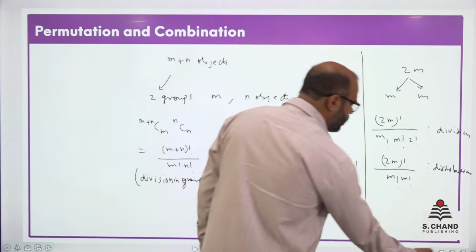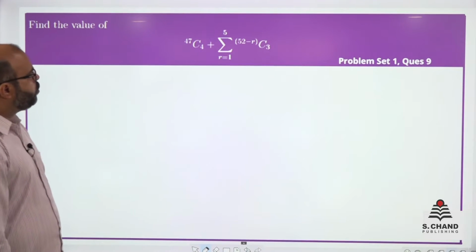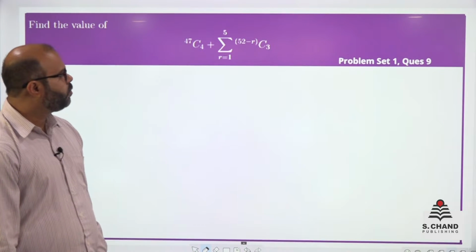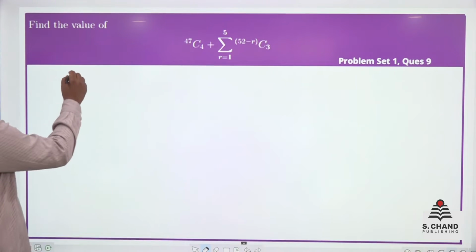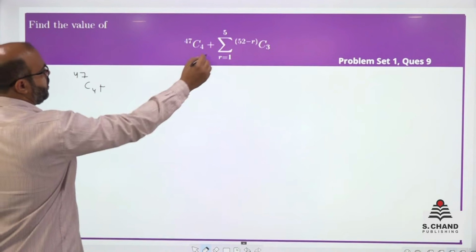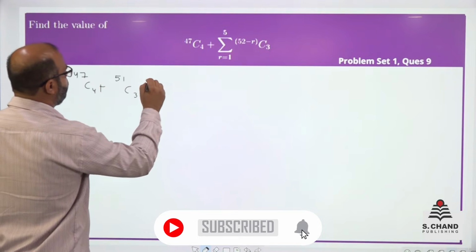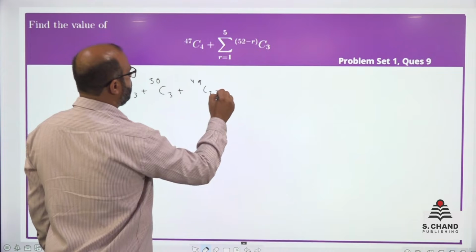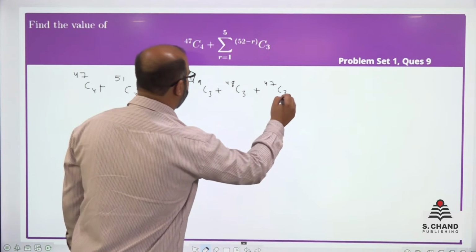Now let us see some of the questions. Find the value of 47C4 plus sigma r equal to 1 to 5, 52 minus r C3. So when you expand it, it will be 47C4 plus 52 minus 1, that will become 51C3, then 50C3, then 49C3, then 48C3, then 47C3.